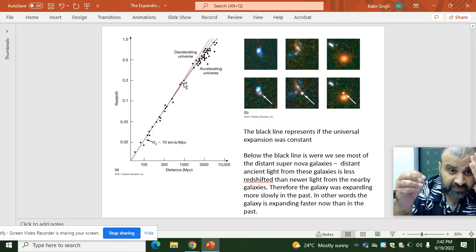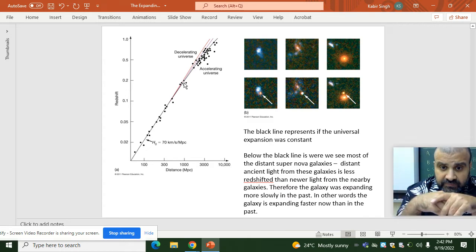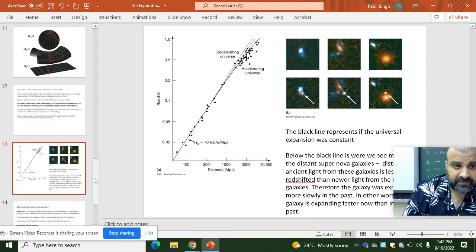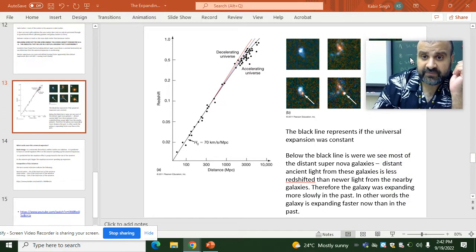So they're not moving at the rate we expected. So distant ancient light from these galaxies is less redshifted than new light from nearby galaxies. Therefore, the universe was expanding more slowly in the past and is expanding faster now. Okay, key point. Make sure you write that down.